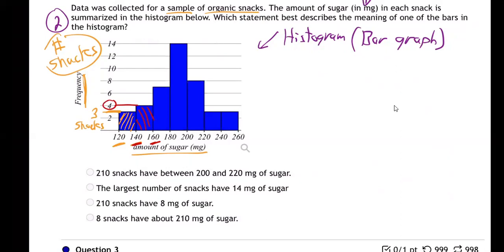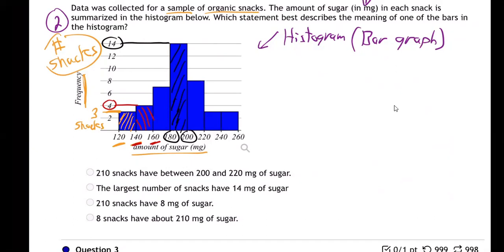You getting it? Let me jump to this big one here. What is this saying? 14 snacks have between 180 and 200 milligrams of sugar in them, don't they? So that is what that bar graph is saying.